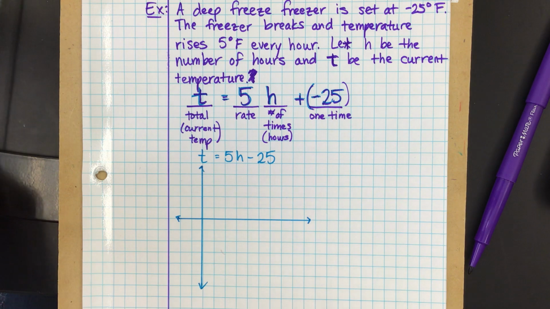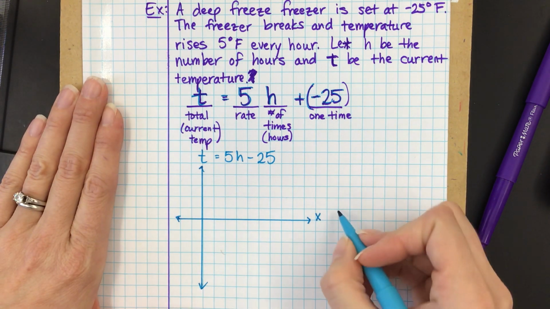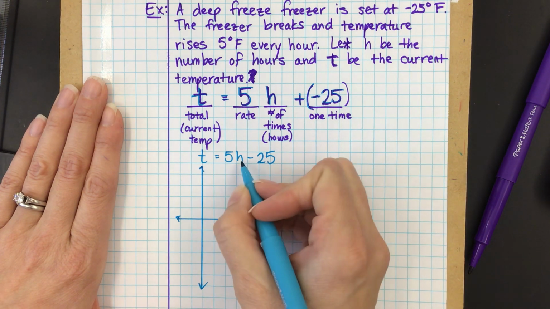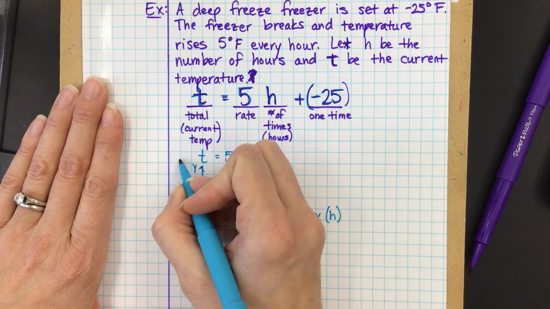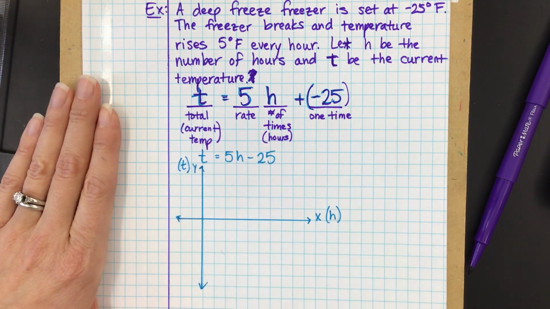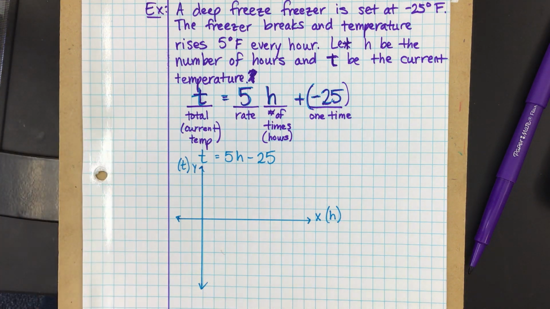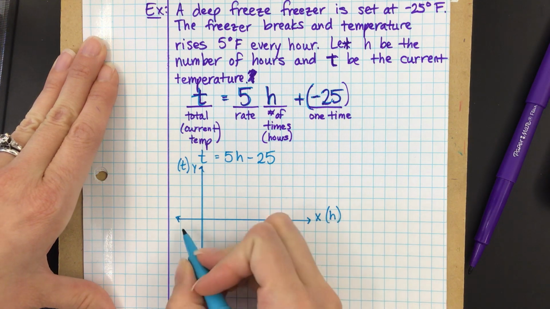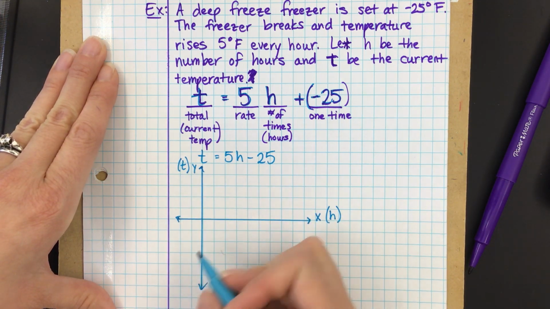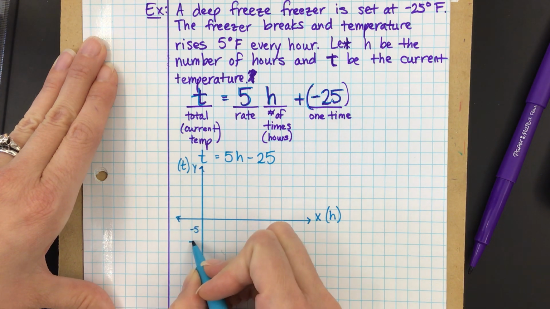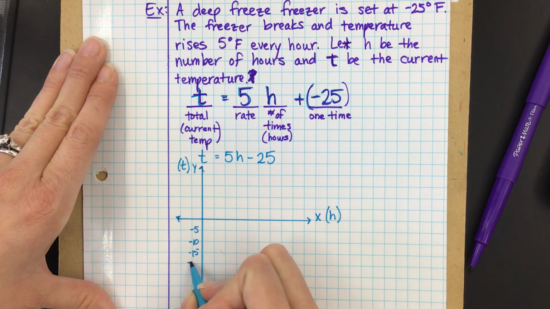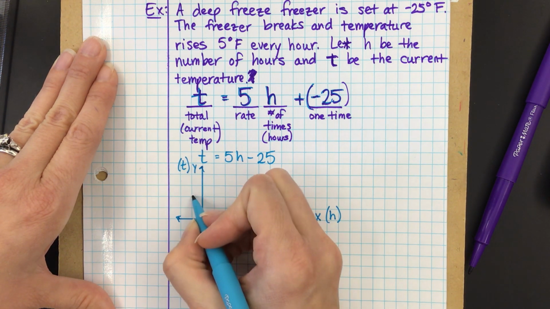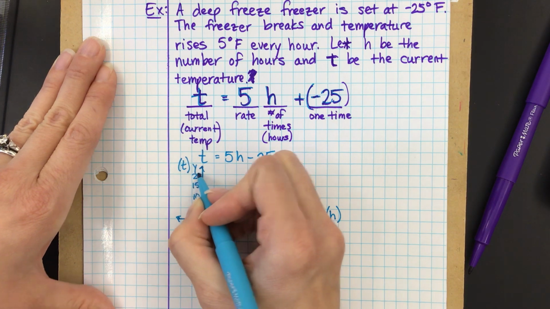In this case, this is our x-axis, which we can say is H for hours. And this over here is our y-axis, which is the current temperature. Because you can see that this is all related to fives, I'm going to change my scale. You will really only need to change your scale on your y-axis. So this will be negative 5, negative 10, negative 15, negative 20, negative 25. And then this is 5, 10, 15, and 20.